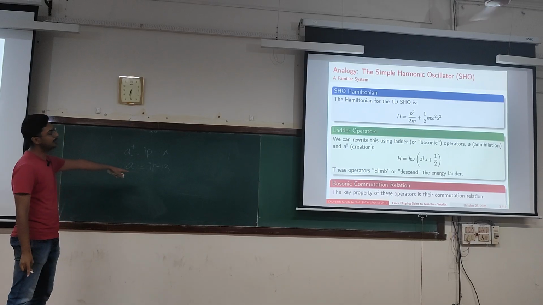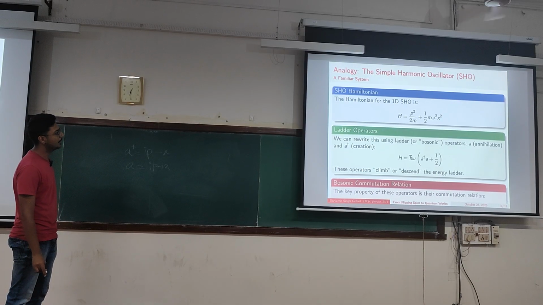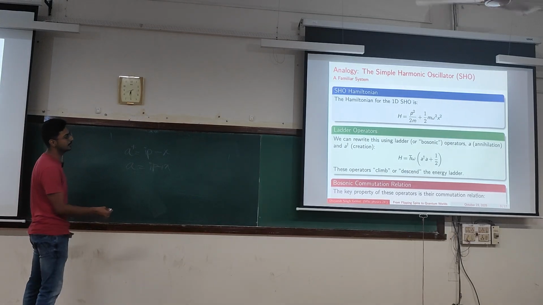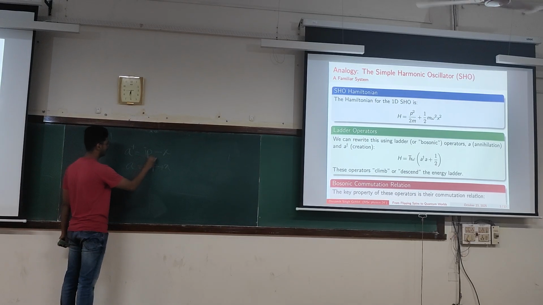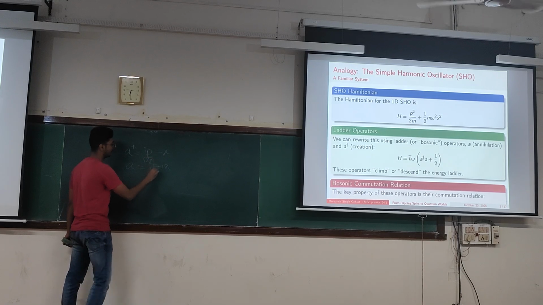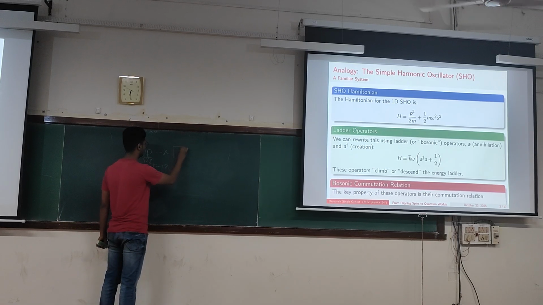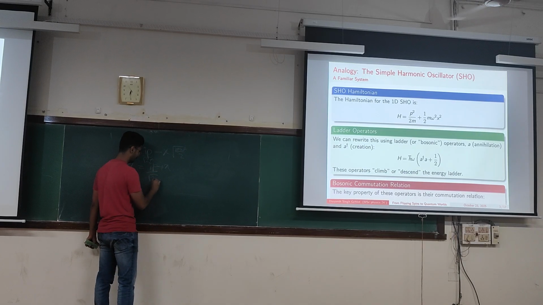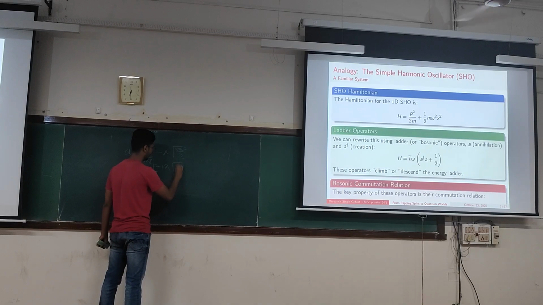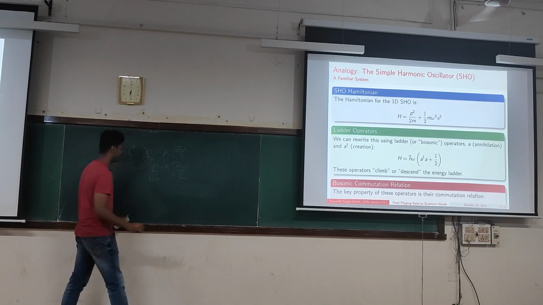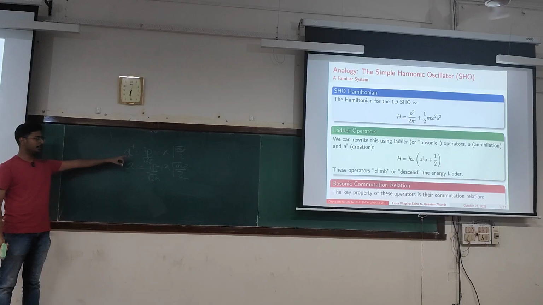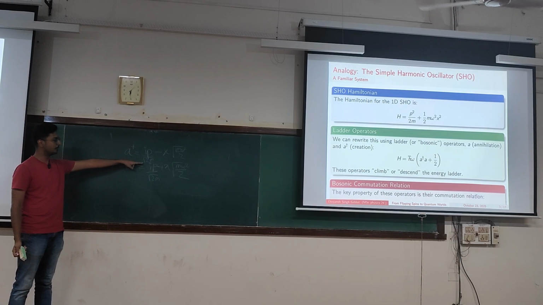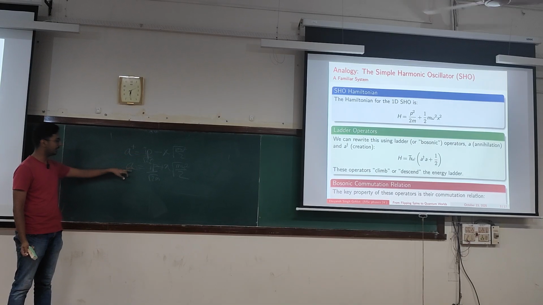When we multiply, we get p square plus m omega square x square upon 2, and we just normalize it. So I'm defining two new terms, A dagger and A: A dagger as ip upon root 2m minus the x term, and A as the corresponding plus term.